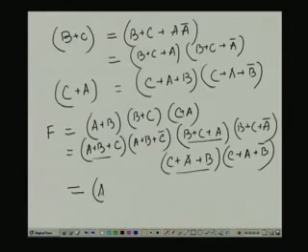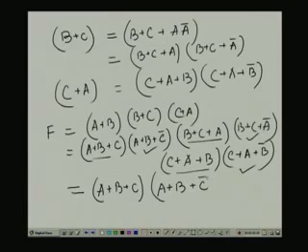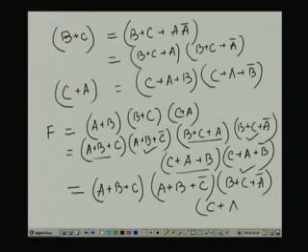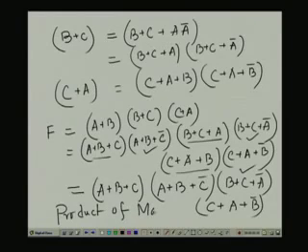I get (A + B + C), and the remaining 3 terms will be there: (A + B + C bar), then (B + C + A bar), and (C + A + B bar). So this is my product of sum forms, product of max terms.